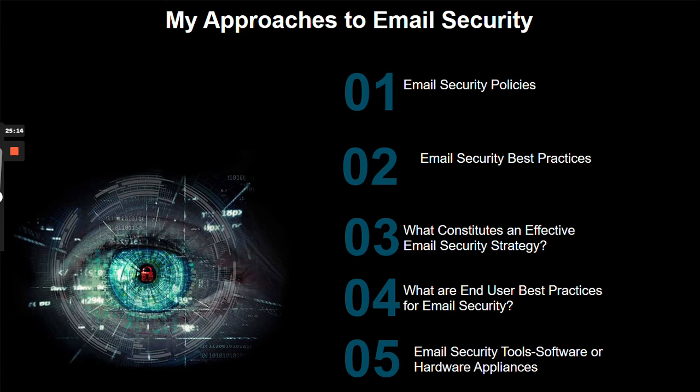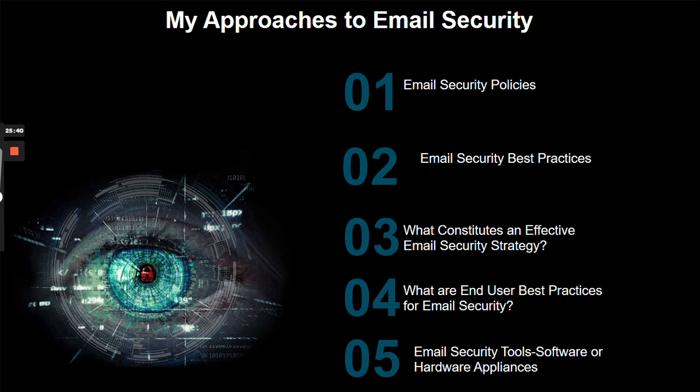Right? So now I look at putting an email security policy in place. Right? Look at your policies and know what it is that you want your policies to be designed to do. And then from there you can look at implementing various solutions that can put these policies into effect.